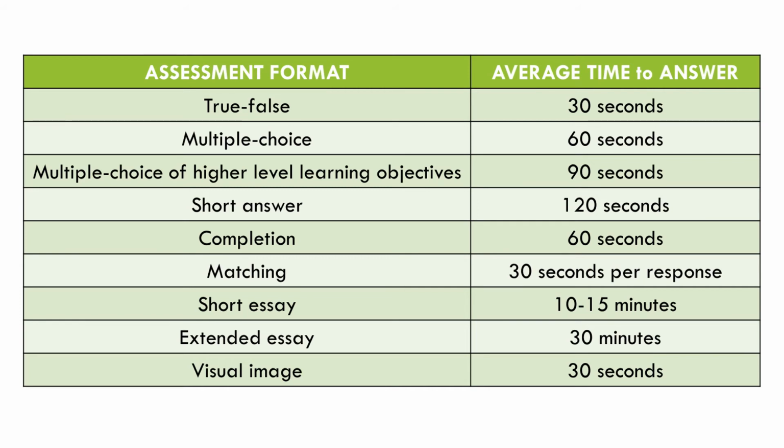We have two columns here. We have assessment format for the first column, the second column for the average time to answer. Please take note that according to here, again, this is not constant, no? So pwede ito mag-vary, but siguro hindi masyadong malayo sa value na pinakita na sa presentation.